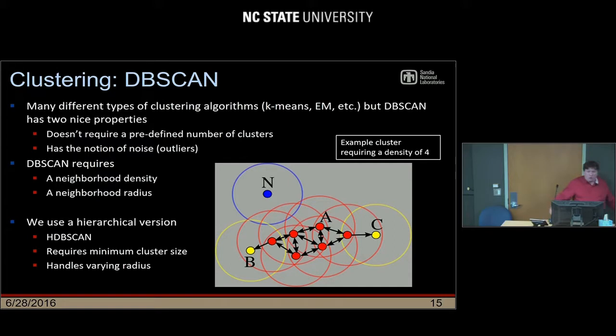You might want to ignore it or investigate it separately. It only needs two parameters. It needs a neighborhood density. Think of that as how many people make a crowd, and a neighborhood radius, which is how close do you have to be standing to your nearest neighbor in order to be part of the same crowd.